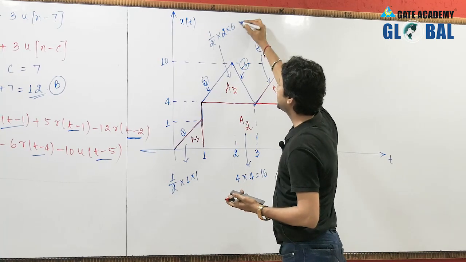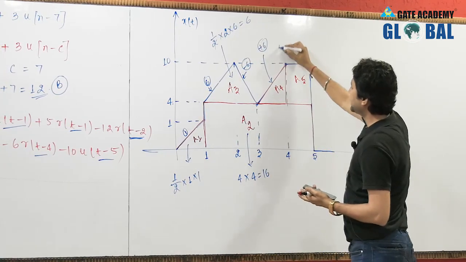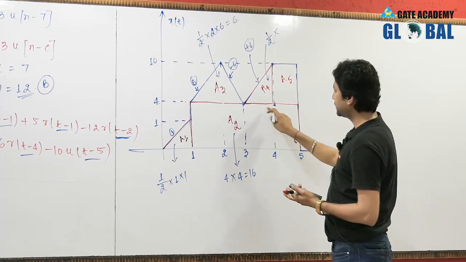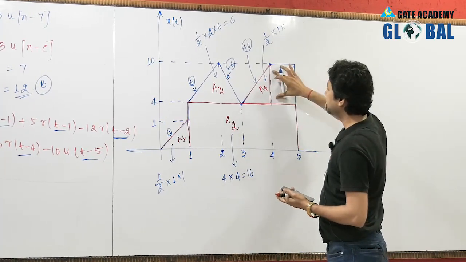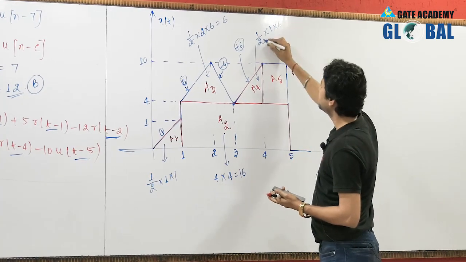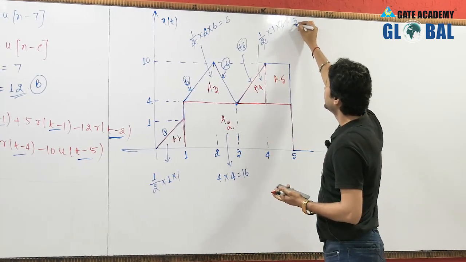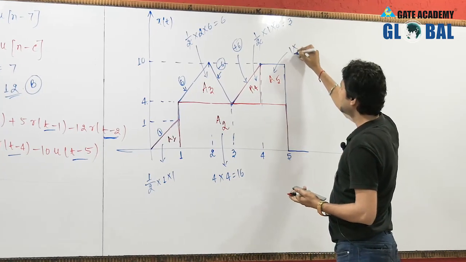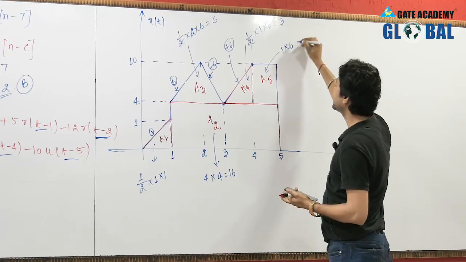So it is 6. Similarly, area A4 is 1 by 2, width is 3 to 4, that is 1, height is 4 to 10, that is 6. So it will be 3. And area for A5, width is 1 and height is 6. So it is equal to 6.